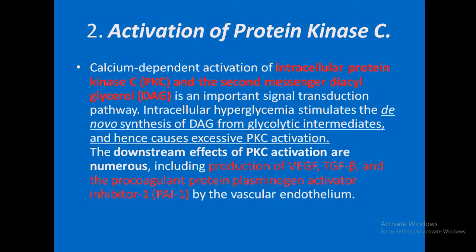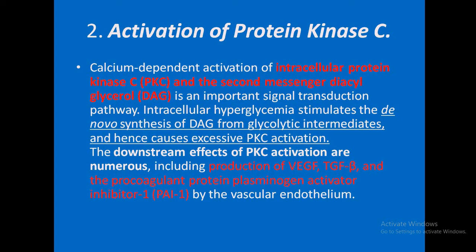The second mechanism is through the activation of protein kinase C. So activation of protein kinase C and second messenger diacylglycerol DAG is an important signal transduction pathway. Intracellular hyperglycemia stimulates the de novo synthesis of DAG from glycolytic intermediates.